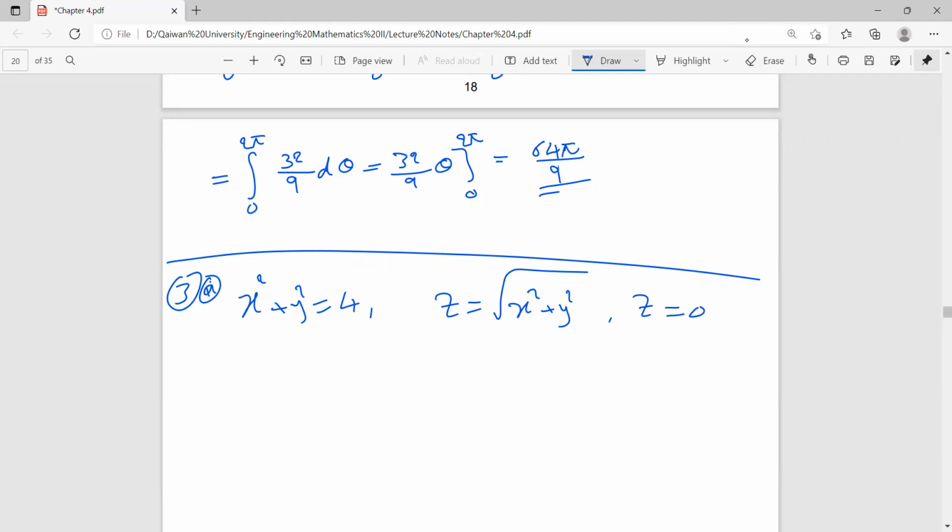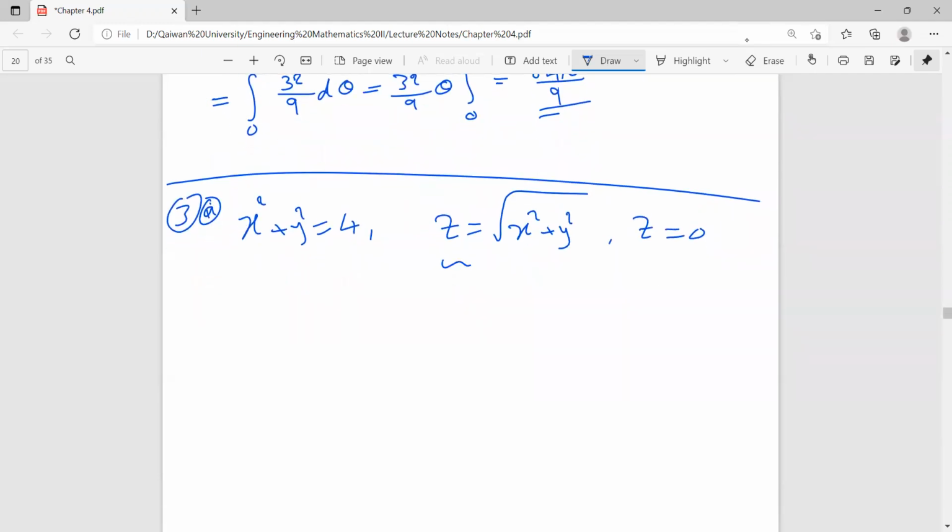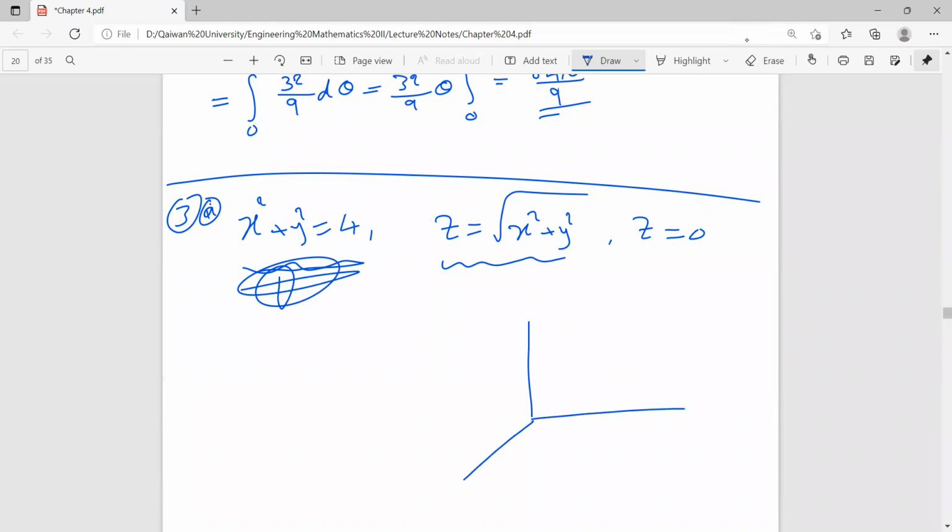Let's draw the graph. For the first one, it's a cylinder. Here, the graph of x squared plus y squared equals 4 is a circle with radius 2.